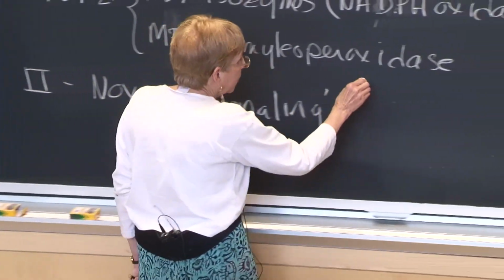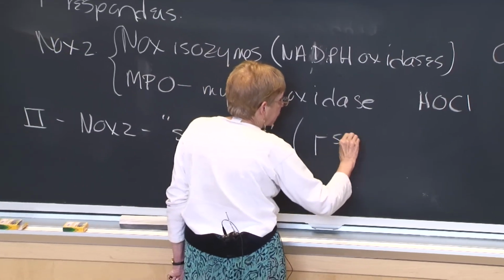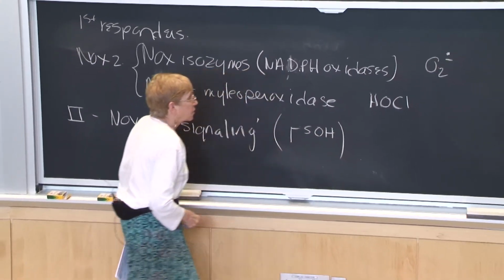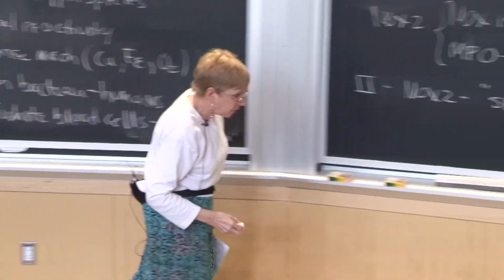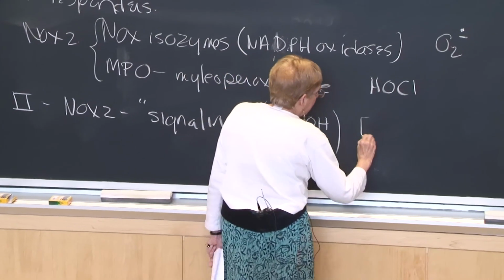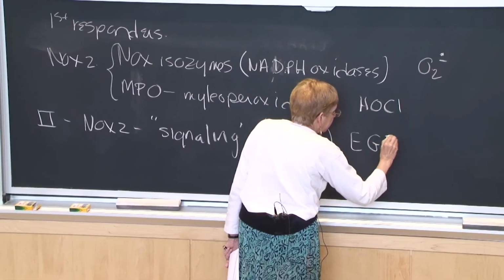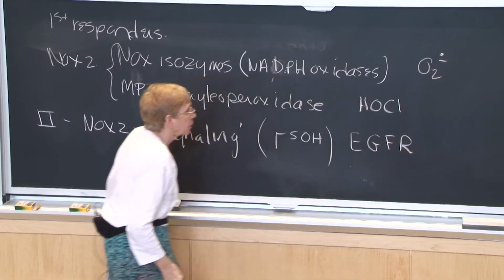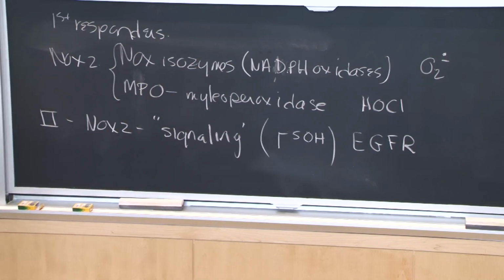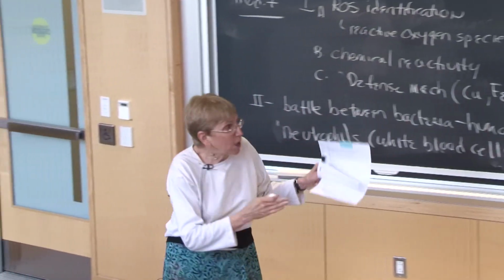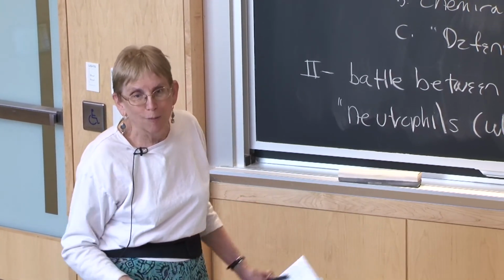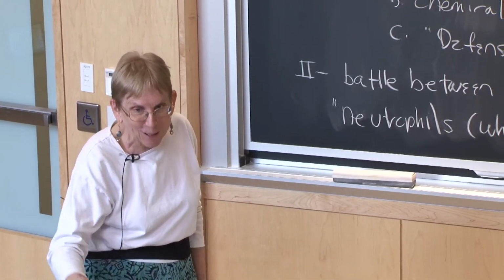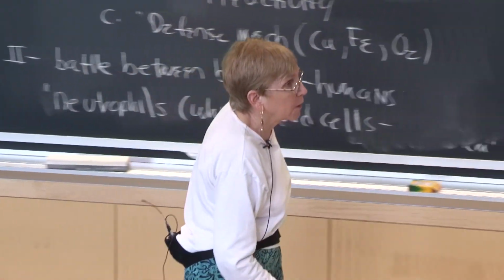So we're focusing on signaling by sulfenylation, which again is the topic of today's recitation on the epidermal growth factor receptor. So that's where we're going. We're going to follow this outline, and I think you'll get a pretty good feeling for an overview of reactive oxygen species, even though we're not going through it in a lot of detail.